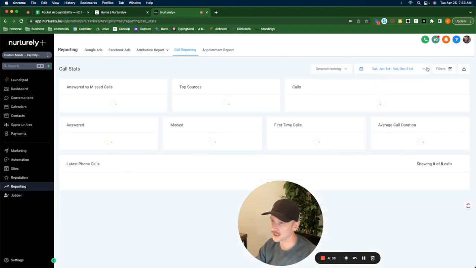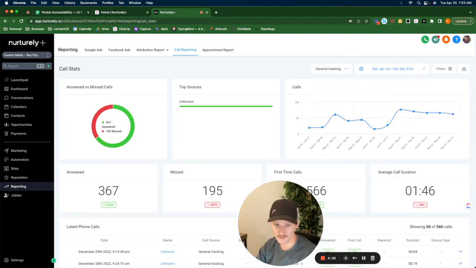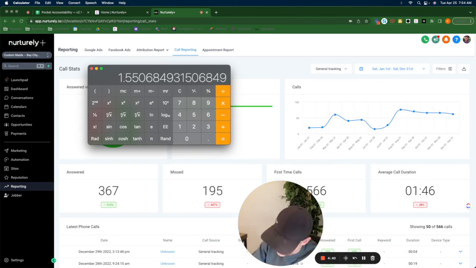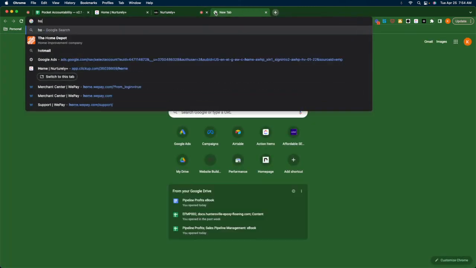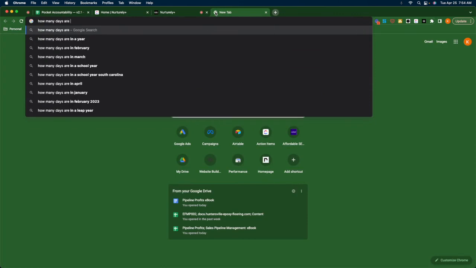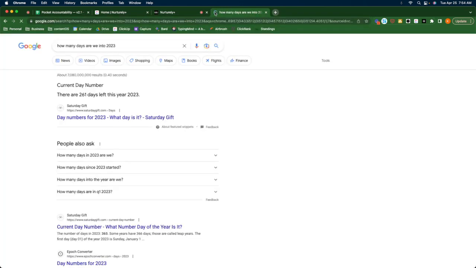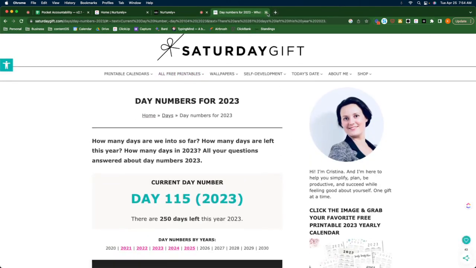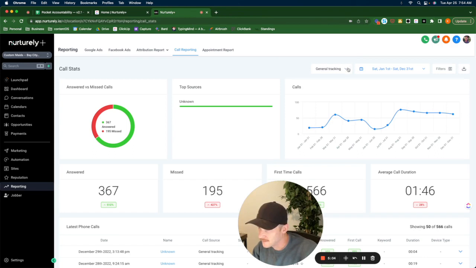Okay, let me see. General tracking last year, 566, 1.55 calls per day in 2022. I love this stuff because I can see at a granular level if I'm improving. Okay, so what I want to find out now.